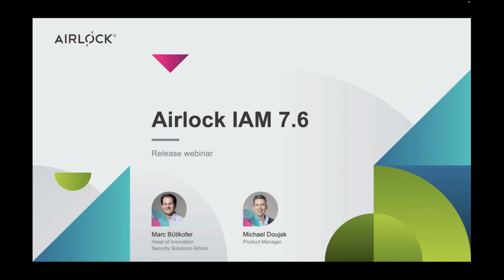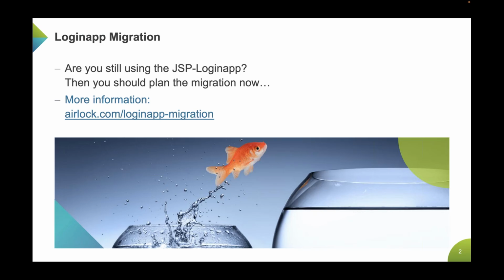So then we will start, and this webinar will be about new features in IAM 7.6. But first, before starting with the new features, I would like, as in the second last and the last webinar, to again mention our plan of the Loginapp migration. If you are still using the JSP-Loginapp, the old style Loginapp based on Java servlet pages, then you should definitely plan a migration now.